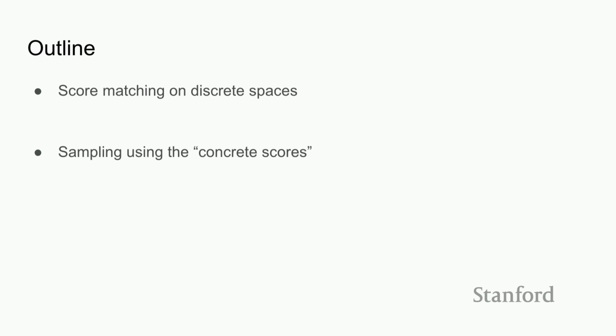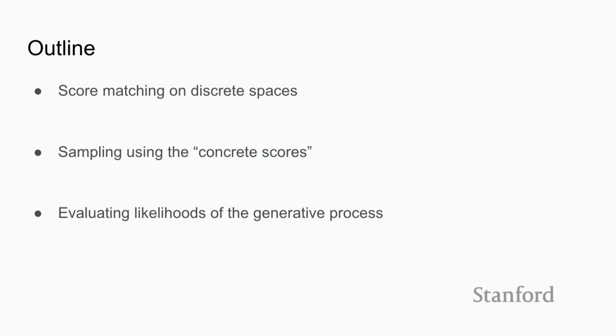So let's take a look at the outline of how we can go about doing this. There are 3 steps. The first is how do we extend score matching to discrete spaces. This is a pretty well-known problem, and there haven't been many good solutions proposed previously. The next question is that once we learn the score, which in the discrete case is called the concrete score, how do we generate new samples using concrete scores?